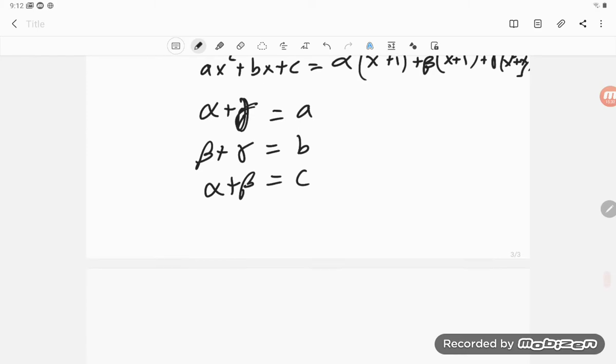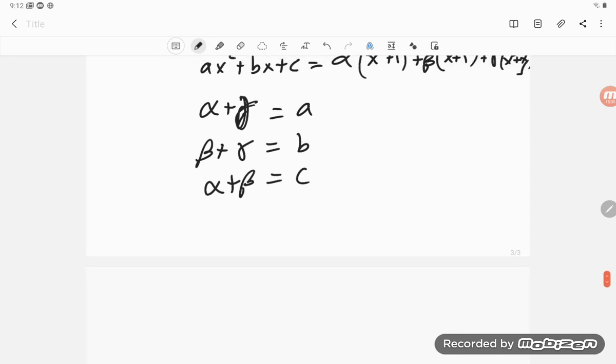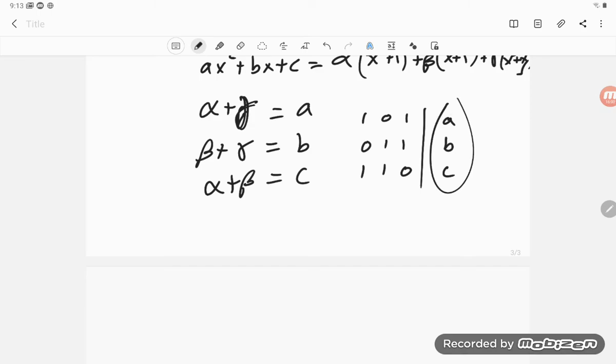Well, that all comes down to writing this in matrix form. I'll write it here. If I have alpha for column 1, beta for column 2, gamma for column 3, you see I've got a 1, 0, 1, and an A. Then a 0, 1, 1, and a B, and a 1, 1, 0 for the C. Now, I really don't care what those are.